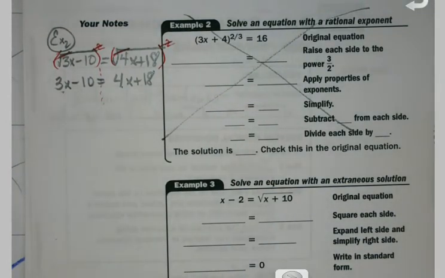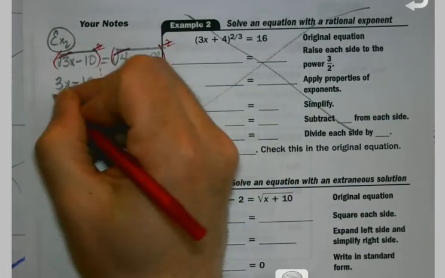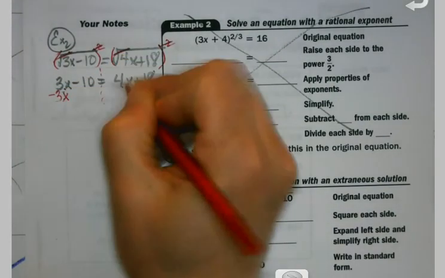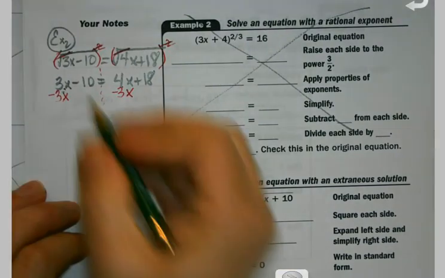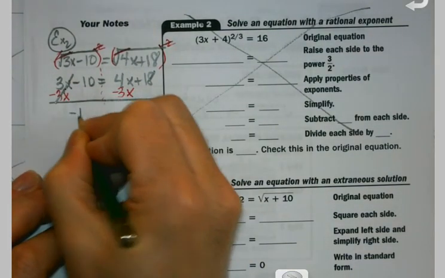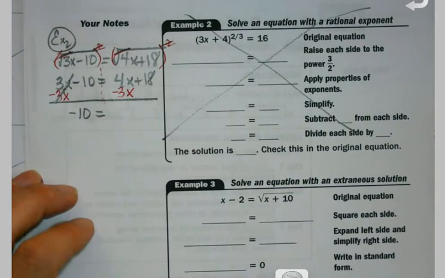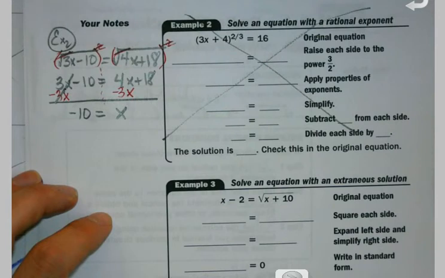So let's say I decide, okay, I'm just going to move this over here. Since that's a positive 3x, I'll minus 3x on each side. So I've got a negative 10 left on the left side of my equation. 4 minus 3 is 1, or just x on the right.